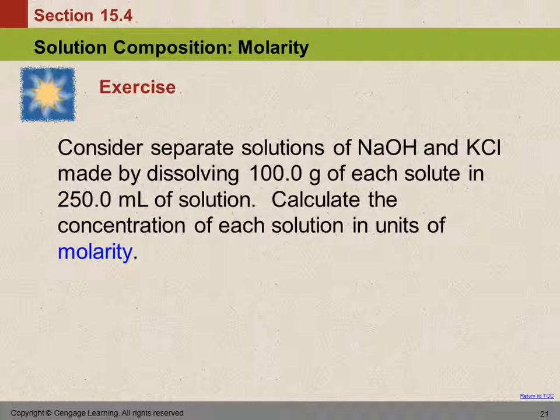Sometimes it helps to draw a picture. So I'm going to draw a picture. This is saying we have 2 solutions. So I'm going to draw 2 beakers. And one of the beakers has sodium hydroxide in it. And one of the beakers has potassium chloride solution in it.